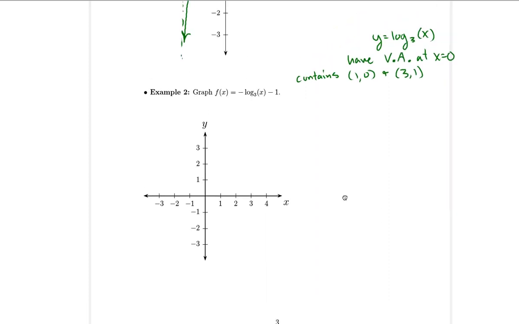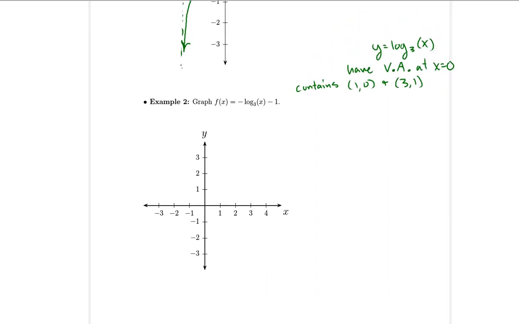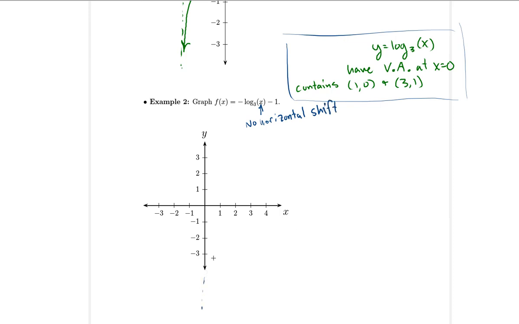So again, and let me go up here a little bit because we can use this same information because I'm using the log base 3 here as well. Okay, so notice in this one, nothing's happening to the x, right? So we have no horizontal shift. So that means that our vertical asymptote stays put, right?